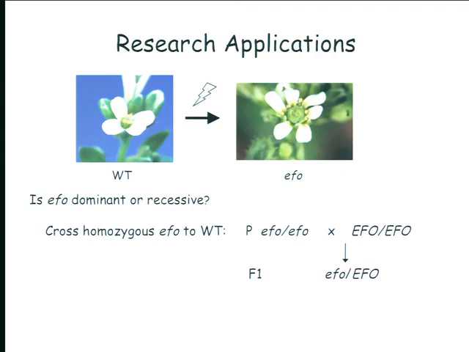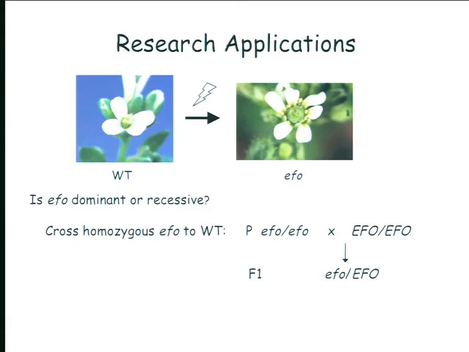You can actually call something extrafloral organs, and it makes sense relative to the phenotype that you see rather than just calling it E. Well, what does E actually mean? So as we go forward in the course and we talk about different genes, we talk about mutant alleles of different genes, you're almost always going to see this 3-letter designation, sometimes a 2-letter designation, but usually it's 3 letters.